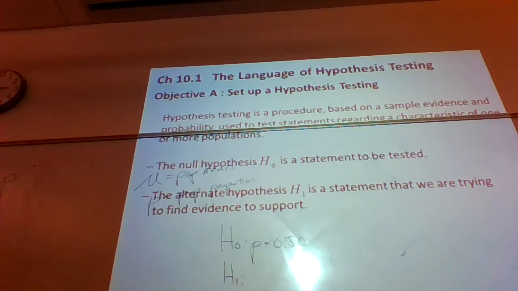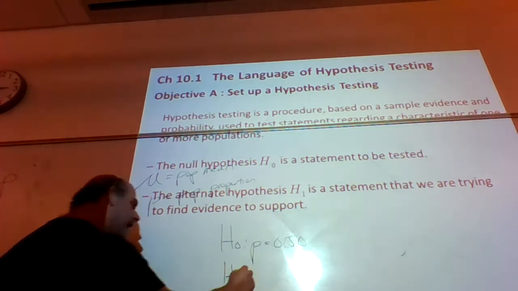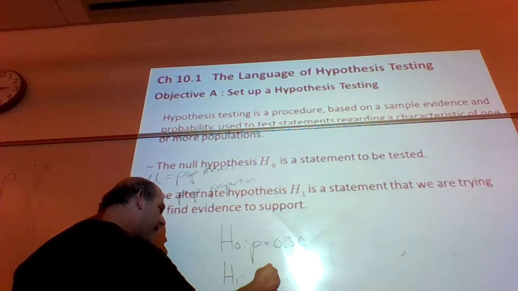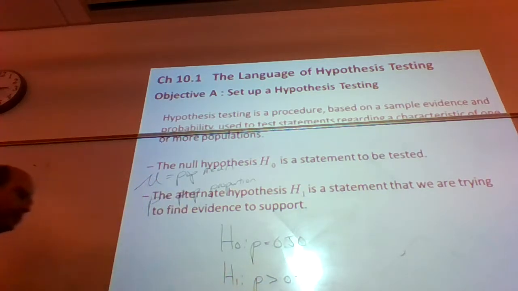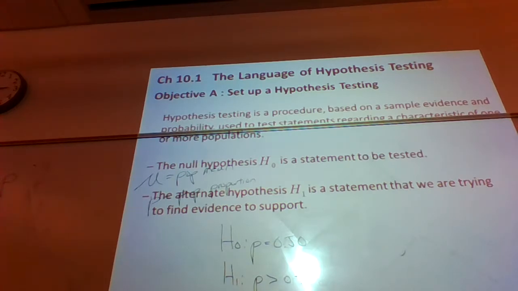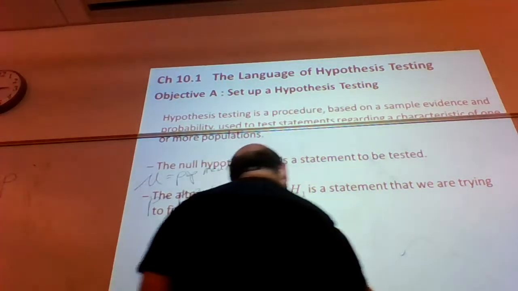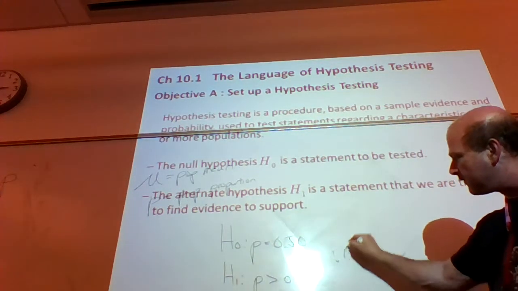One possibility we could have is that the actual proportion of heads is greater than 0.5. Okay, that's one possibility. Can it be less than? It could also be another possibility.